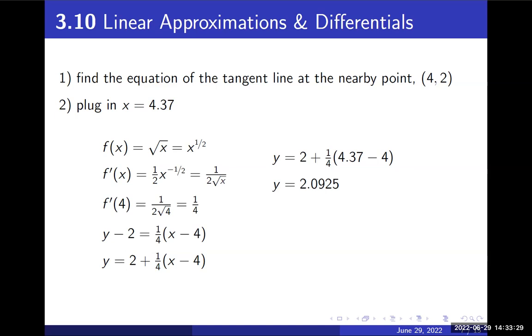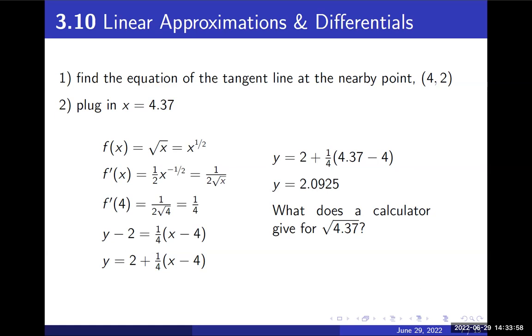Because we live in the modern day, and not when calculus first came about in the 1600s, we can check this against our technology just to see how accurate we were. So we got an approximation, 2.0925. Now we know we're not correct, but just how close are we? You grab your calculator and type in the square root of 4.37.